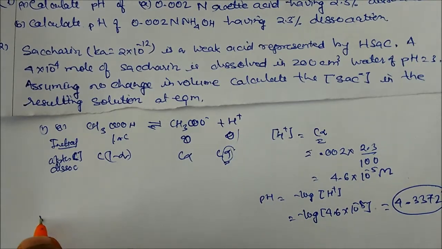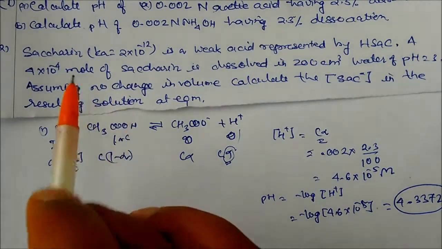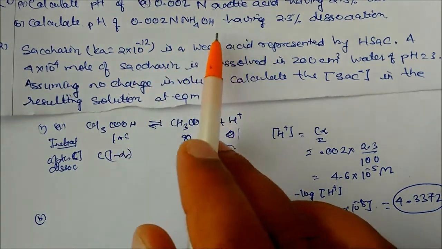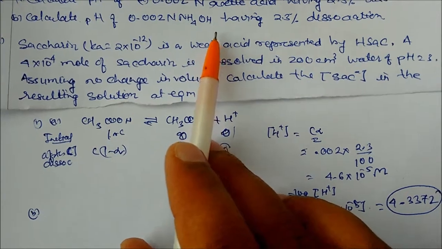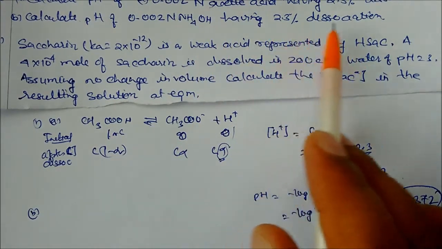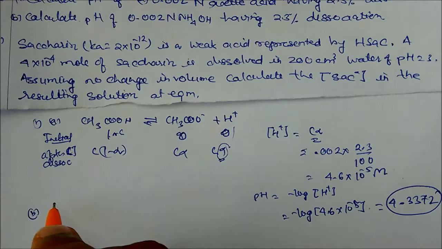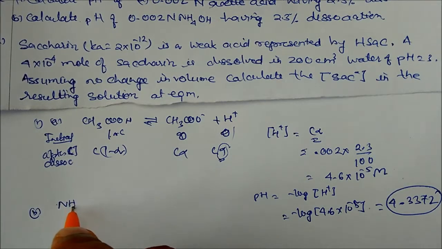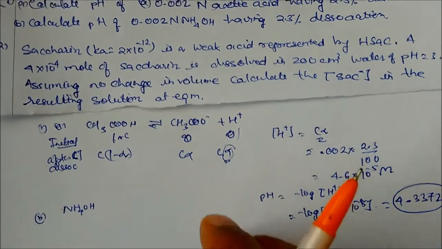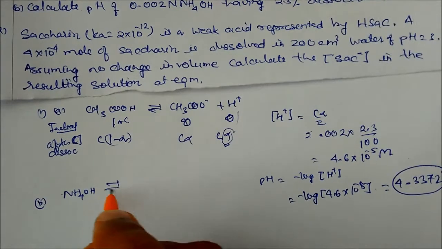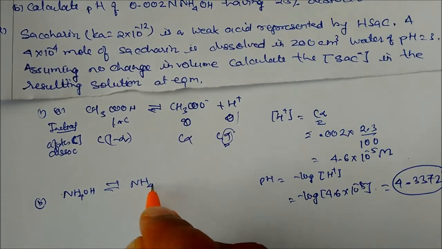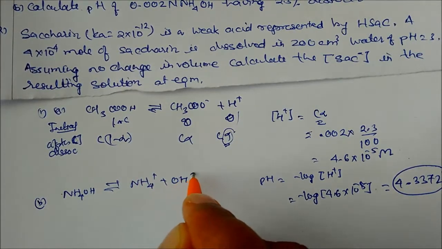Now the second question is how to find the pH of 0.002 normality ammonium hydroxide having 2.3% dissociation. Again we can do the same thing. This is your ammonium hydroxide, which undergoes dissociation to give NH4 plus and OH minus.